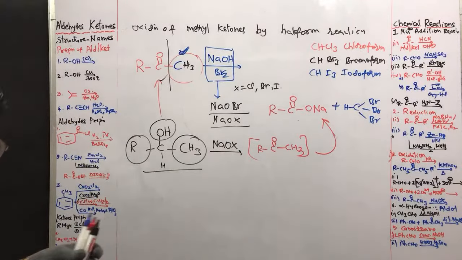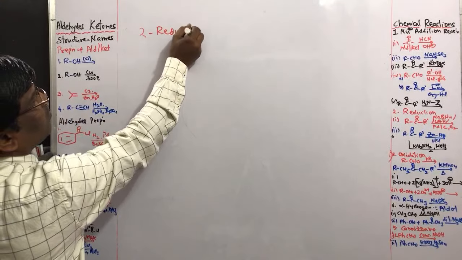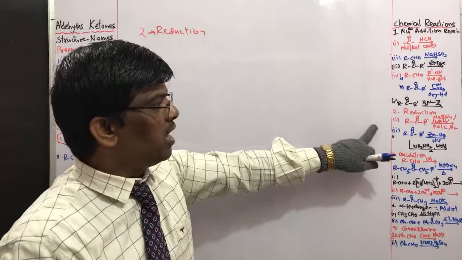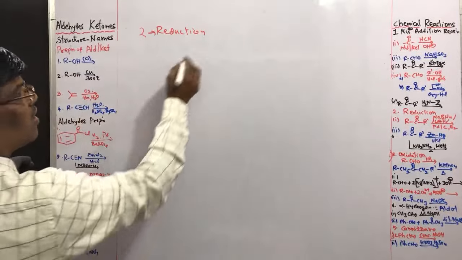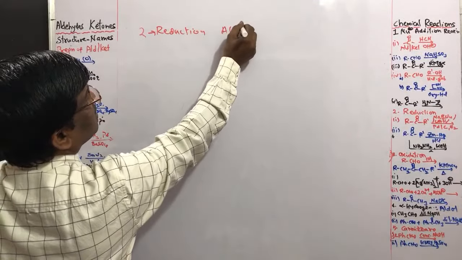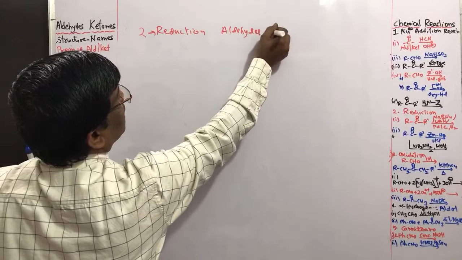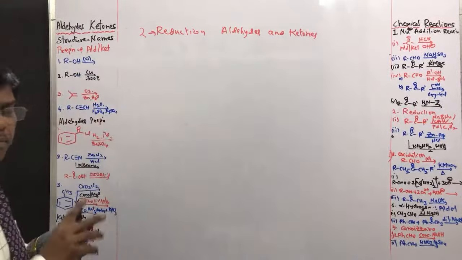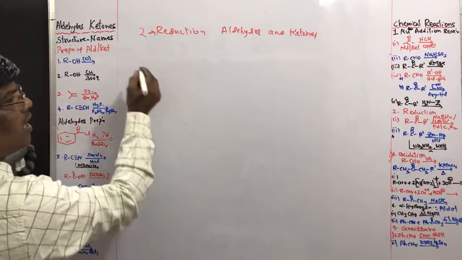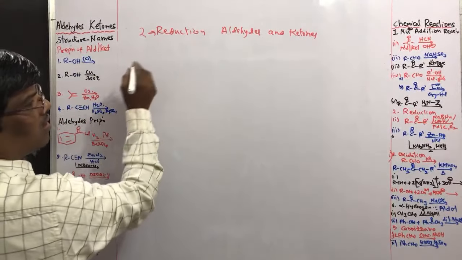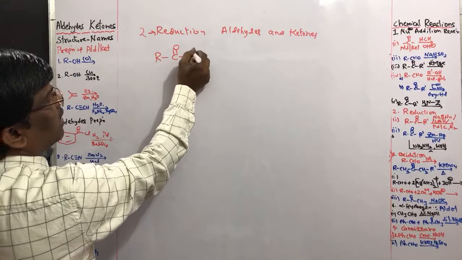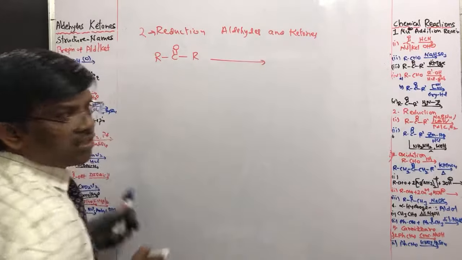Next, reduction of aldehydes and ketones. It is very important, students. Most of the time specific reagents are there, and that is what I am going to explain. So the simple reducing agents, whether it is an aldehyde or ketone, please write down.